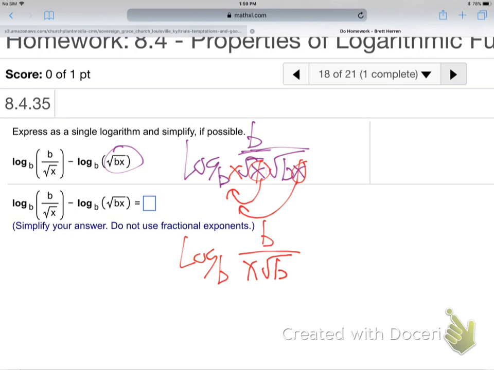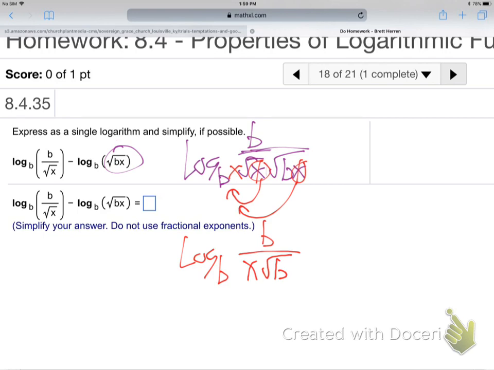Is that good so far? It's not done. Yeah, it's close. It's not done because remember what we can't ever leave in the denominator? Square root. Yeah, so how do we get rid of that root from the bottom there? Multiply by root b. Like this?